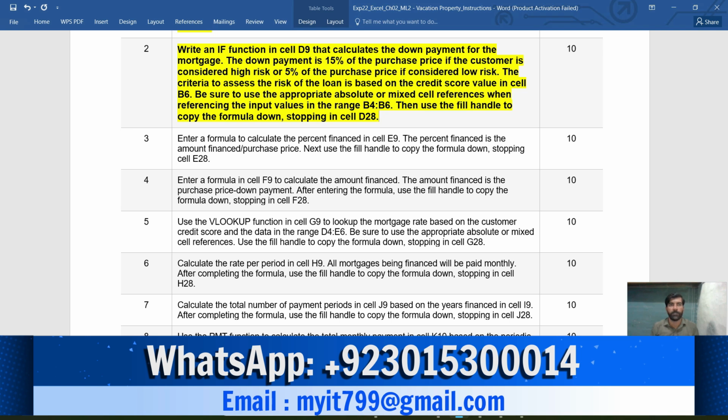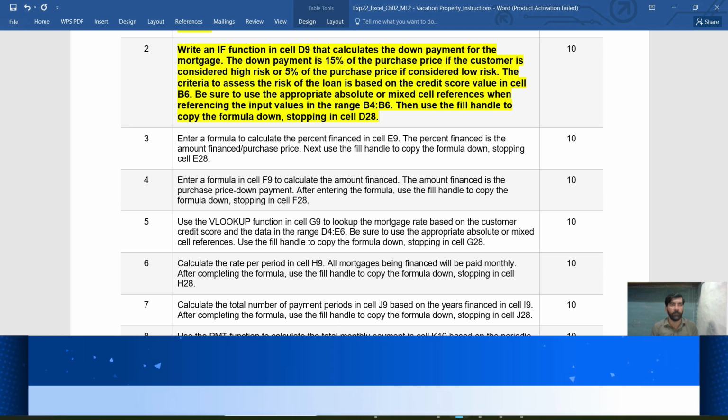The down payment is 15% of the purchase price if the customer is considered high risk, or 5% of the purchase price if considered low risk. The criteria to assess the risk of the loan is based on the credit score values in cell B6. Be sure to use the appropriate absolute or mixed cell reference when referencing the input values in the range B4 to B6. Then use the fill handle to copy the formula down, stopping in cell B28.